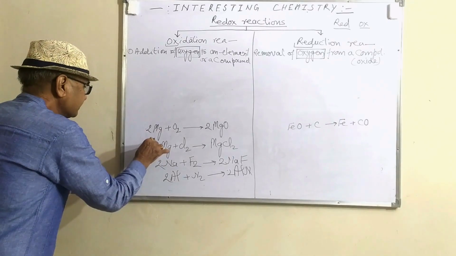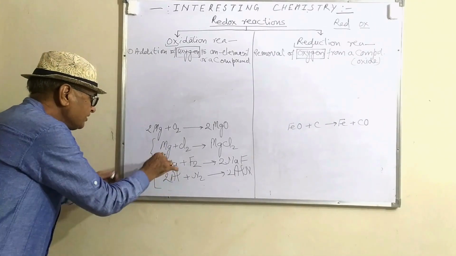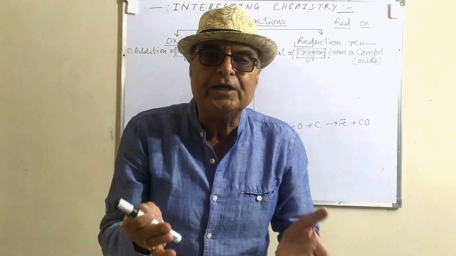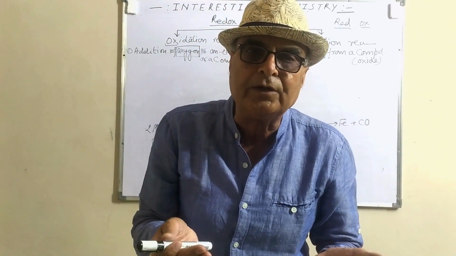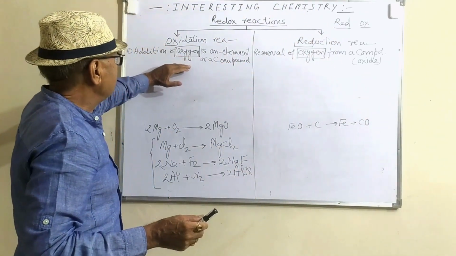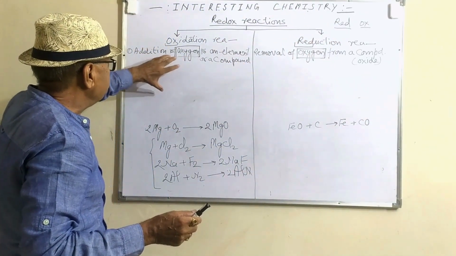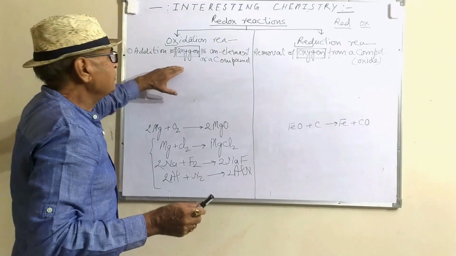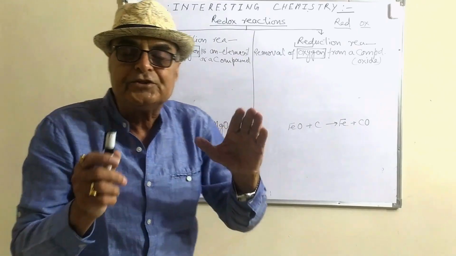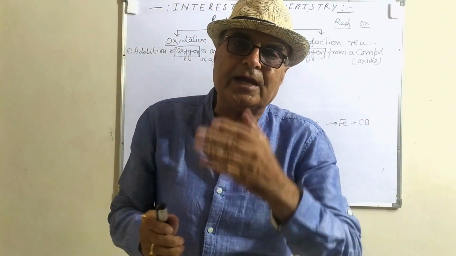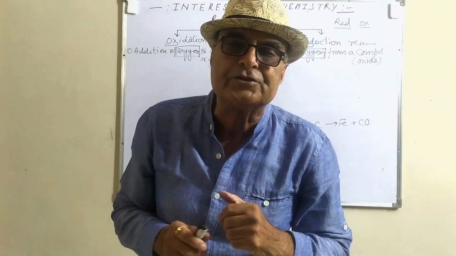So here, can you describe whether these reactions are oxidation or reduction reactions? Because here there is no oxygen. This definition has a limitation: those reactions in which oxygen takes part are called oxidation reactions.